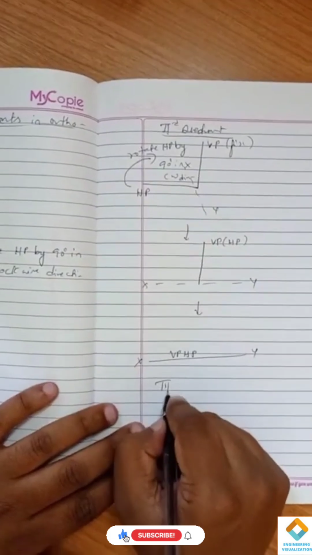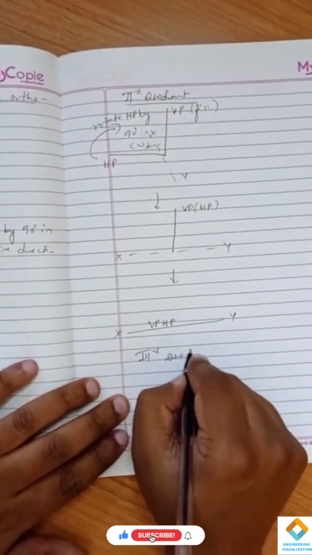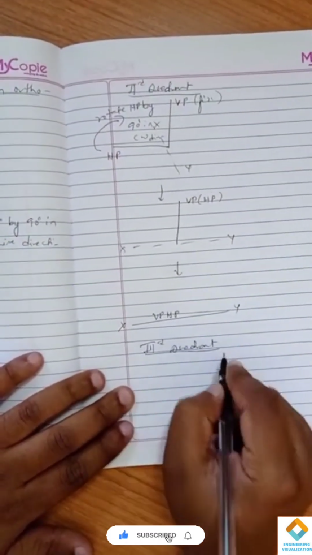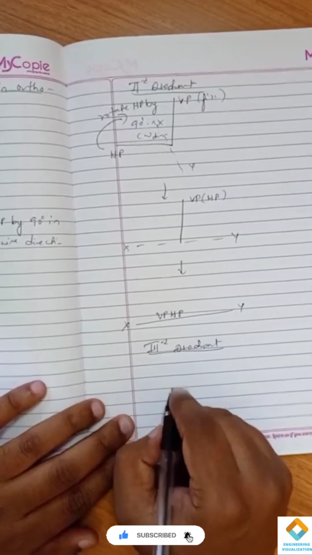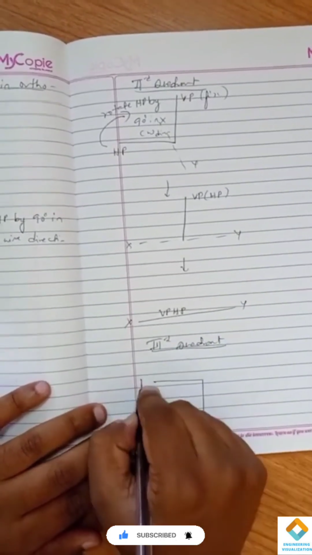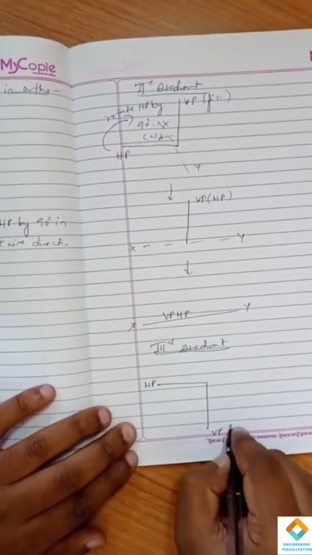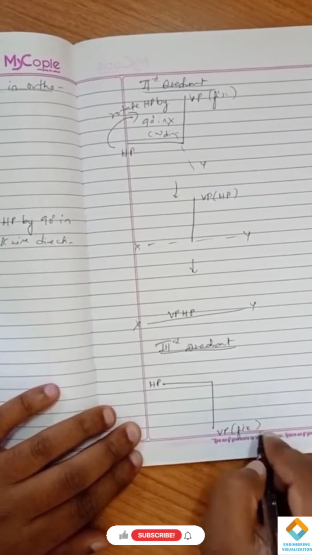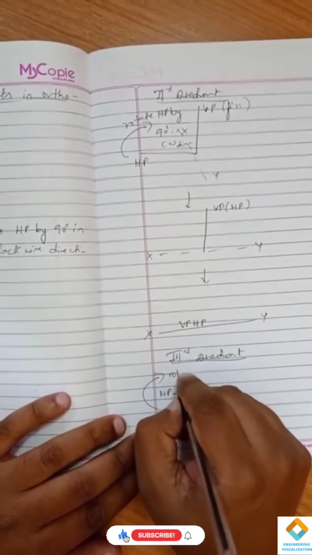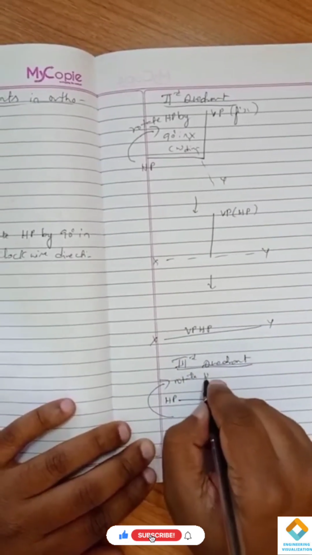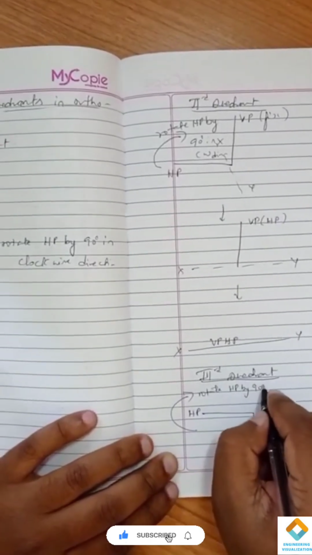Now in the third quadrant we also follow the same step. We take the third quadrant. It will be like this: this is HP, this is VP. We fix the vertical plane and rotate the horizontal plane by 90 degrees in the clockwise direction.